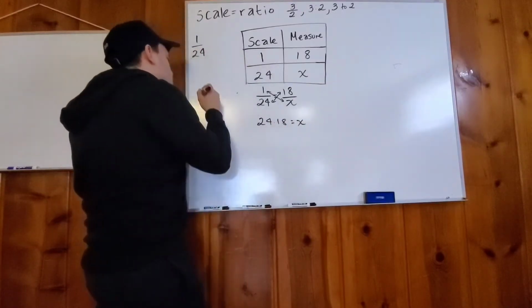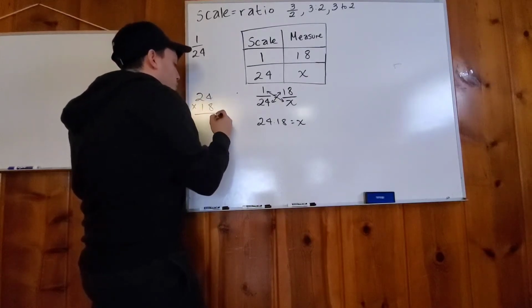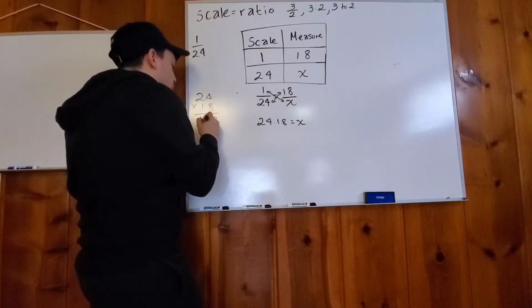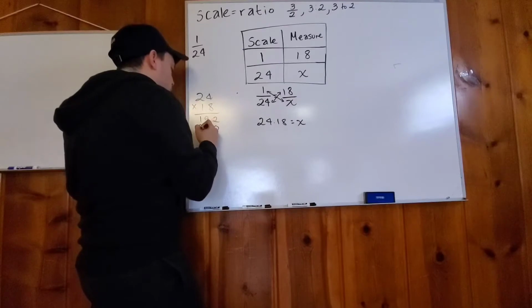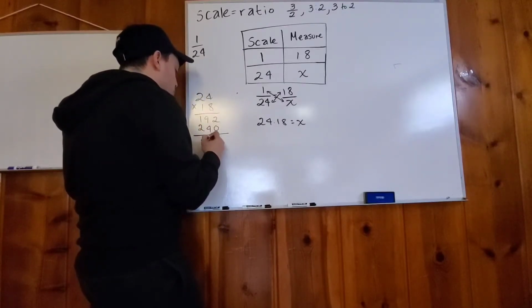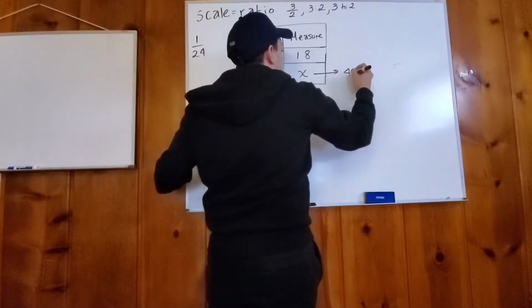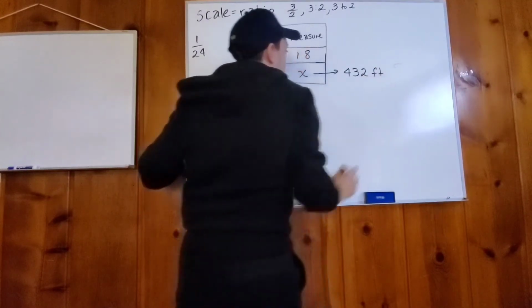So all you have to do is multiply 24 times 18. 8 times 4 is 32, and a 3 goes up. 2 times 8 is 16, plus 3 is 19, so a 0 goes here. 1 and 4 is 4, 1 and 2 is 2, so it's going to be 432.